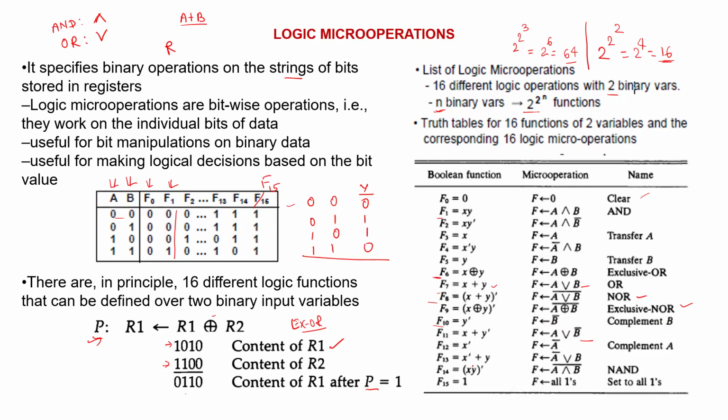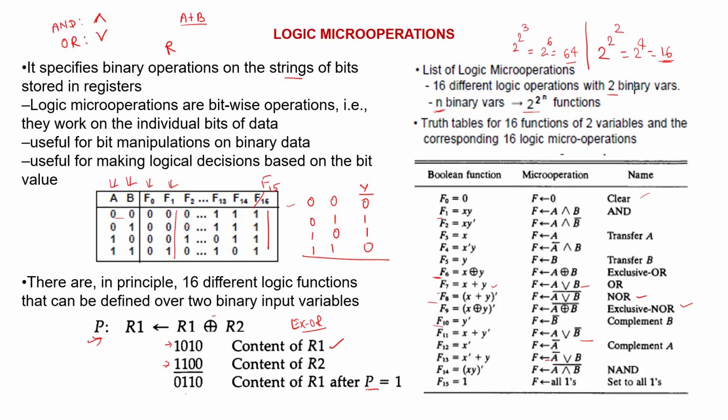Here again we have F13, which is going to perform the OR operation between complement of A and B. And F14, XY dash, is going to perform the AND operation between A and B and their complement. So finally it is what? NAND gate. And F15 is all 1. Like here, you see that F15 is all 1.